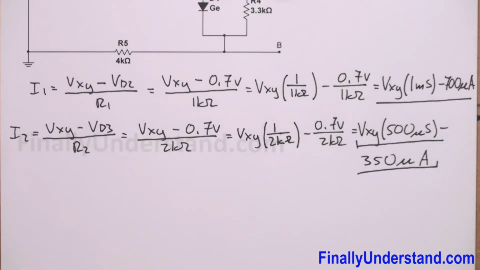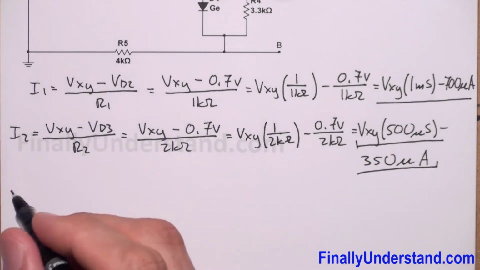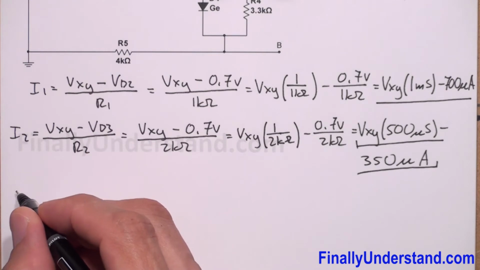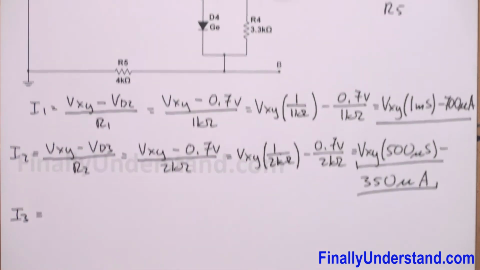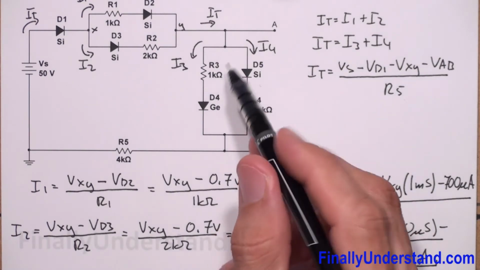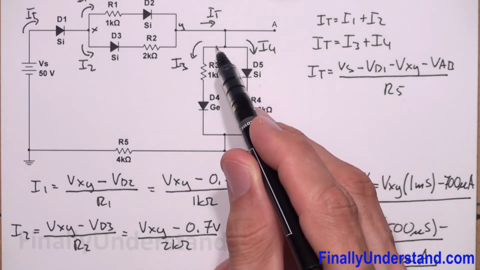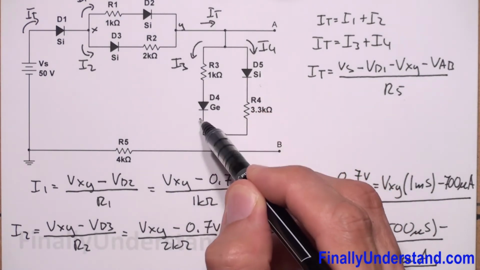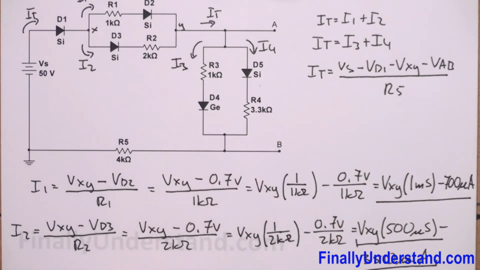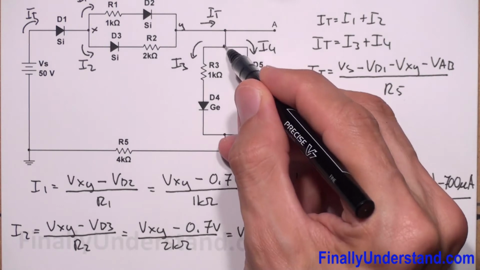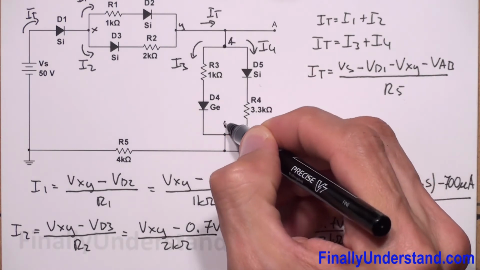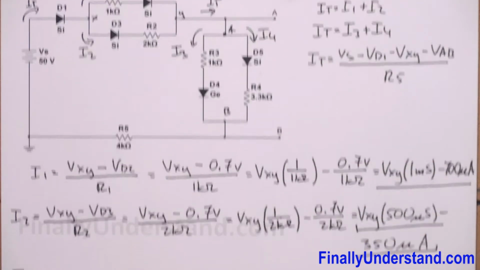Next, I'm supposed to find I3. Okay, so I3 is equal to, this is the current which will go through this branch. So this is VAB because I have 2 points over here. This is my point A and this is B. So this is voltage VAB, I'm going to call it.